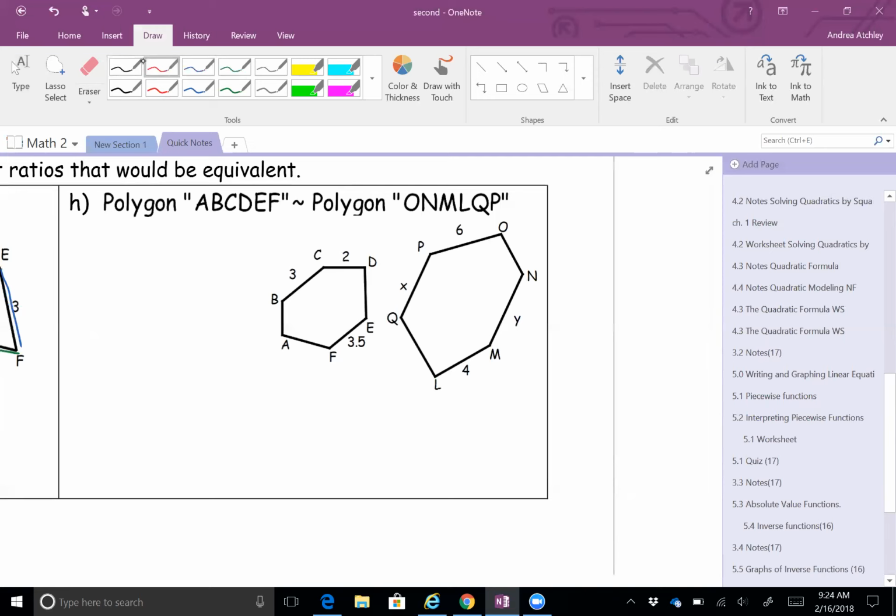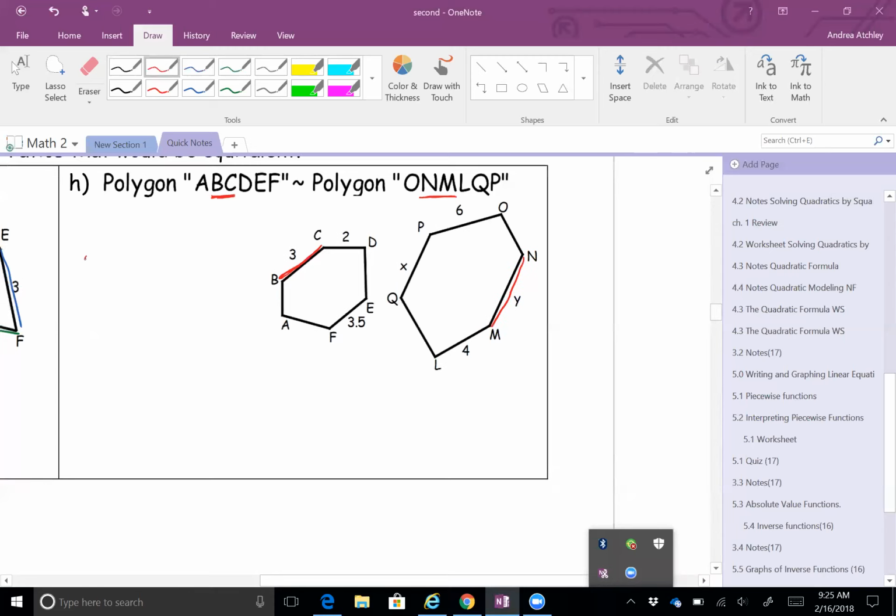So again, you want to see what corresponds. Let's do BC because AB doesn't have a side length. So BC are the second two letters. The second two letters in my similarity statement is NM. So you need to do 3 over Y.